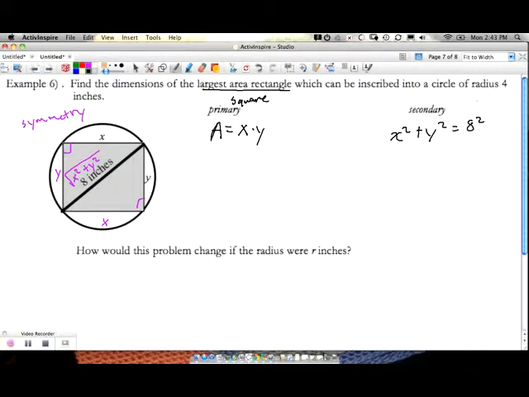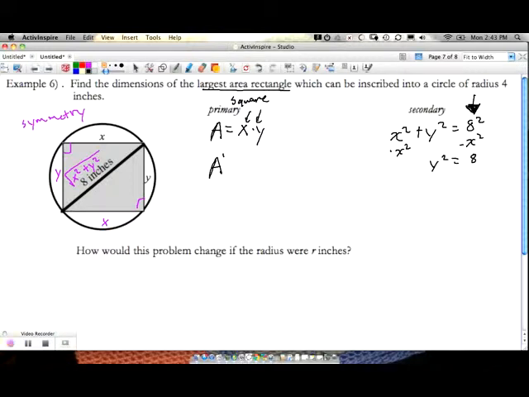That being said, and notice here there's a constant in our secondary equation. That's kind of a clue too. The constant tends to go over there and all variables tend to go over here. We want to find A prime, but we've got too many variables. So let's reduce some of it. Let's take out the y squared.